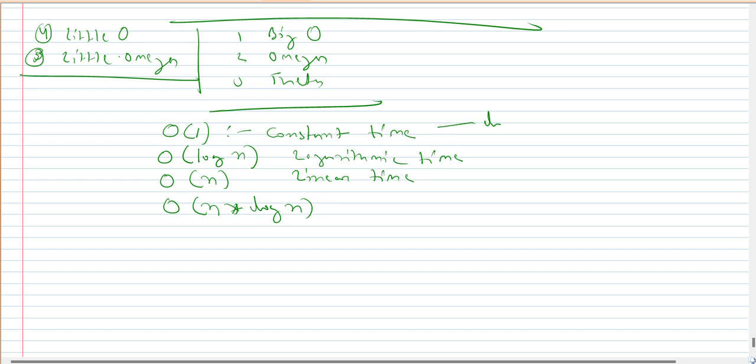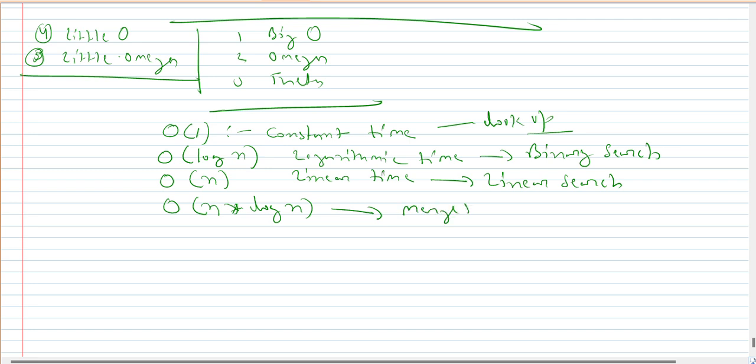This complexity comes for lookups in binary search. We find linear complexity in linear search. The n log n complexity we get with merge sort and the best case of quick sort.